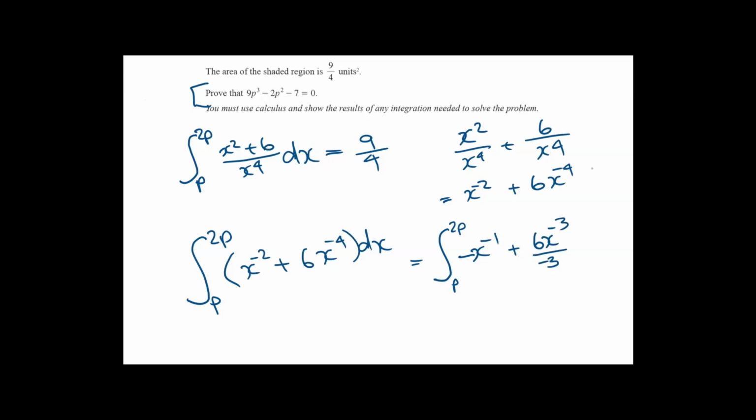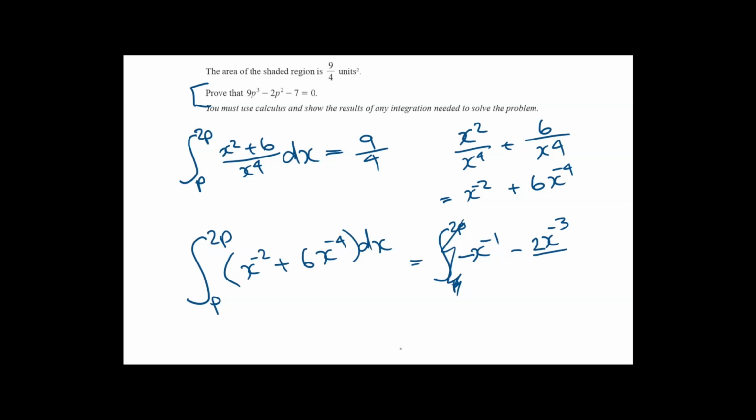It's going to change things around. The 6 and the -3 are going to cancel. We're going to be left with 2, and it's going to become negative.